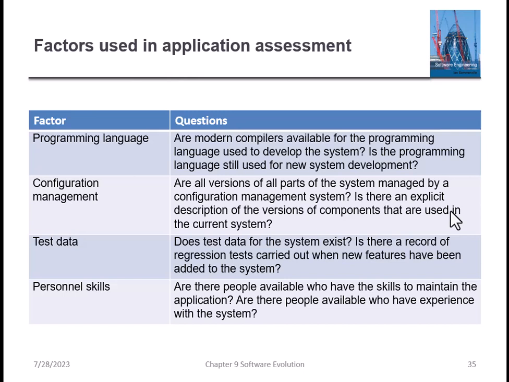Personal skills. Are there people available who have the skills to maintain the application? This is important, because the people, meaning analysts, developers, designers, and so on, are needed. Are there skillful people still available to understand and then carry out the required changes or not? Are there people available who have experience with the existing system?